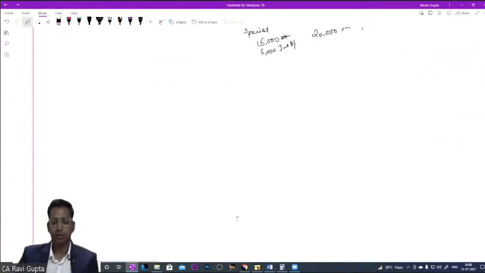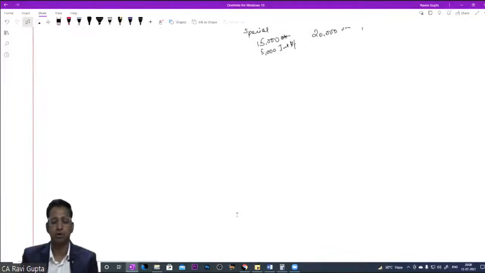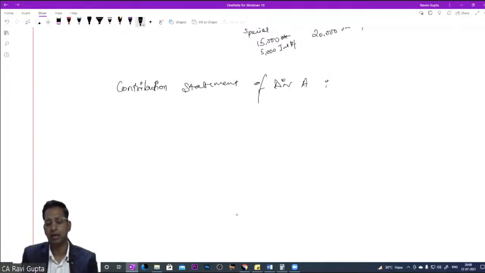We now need to prepare a contribution statement. Contribution statement of division A in year 2.